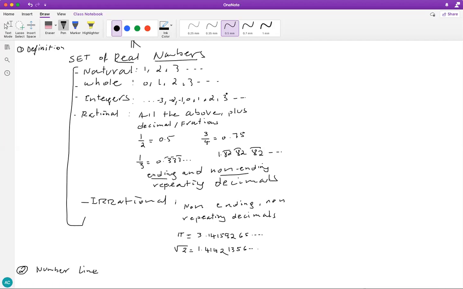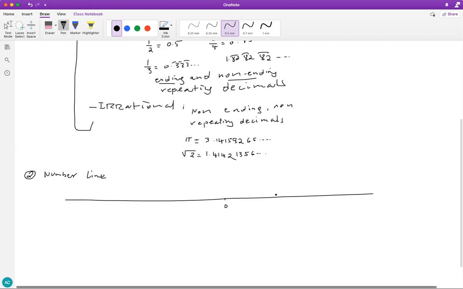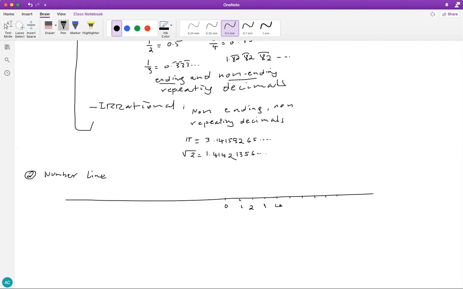To the right of that number we have positive numbers, to the left we have negative numbers. The numbers are the same distance from each other, 1, 2. That's basically the scale of the graph. As the numbers grow here, they get bigger and bigger to get to infinity, the highest possible number if it exists.